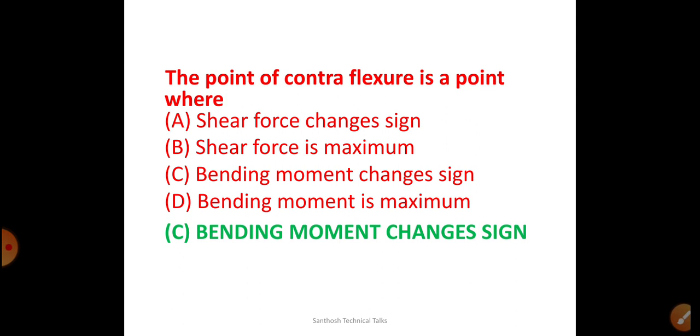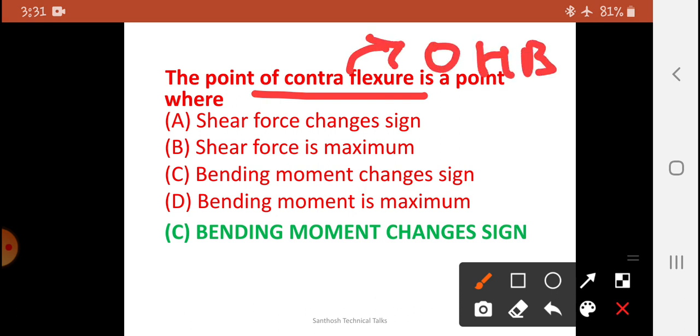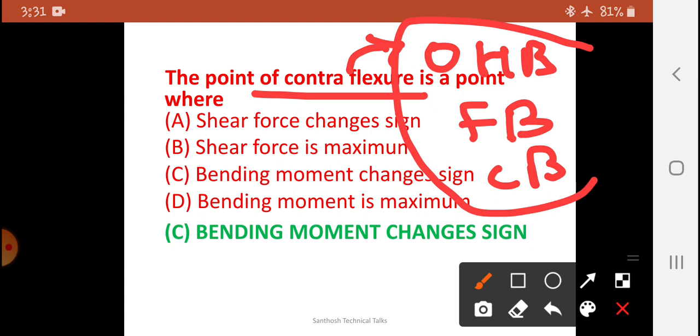Next, a superb question. The point of contraflexure is a point where the bending moment changes the sign. The point of contraflexure normally occurs in overhanging beams, fixed beams or continuous beams. So only in these three beams does the point of contraflexure happen.